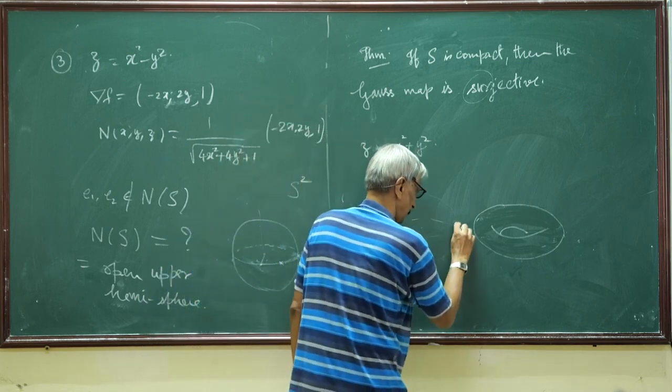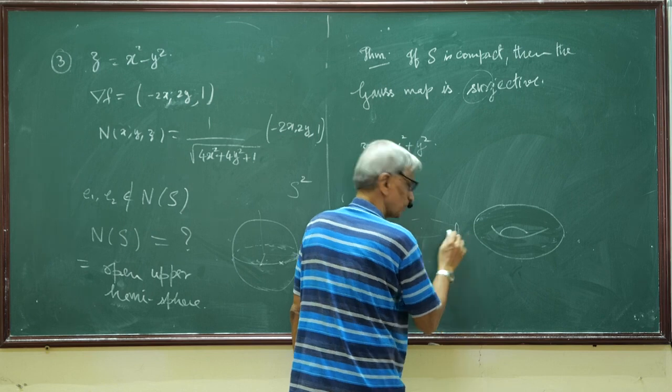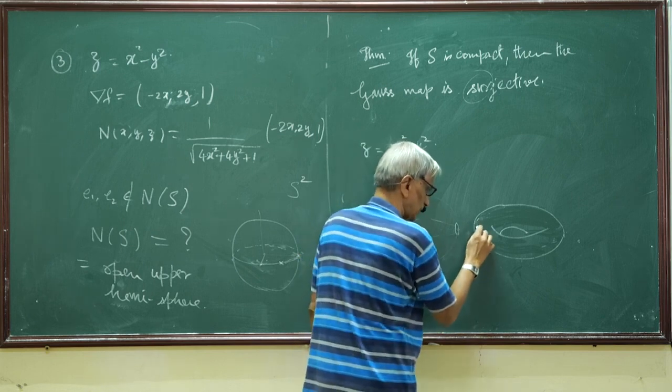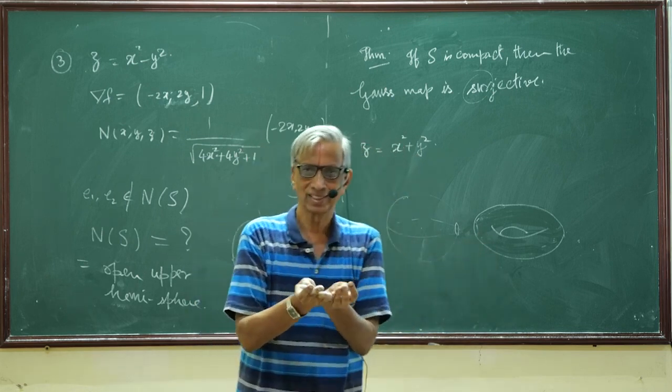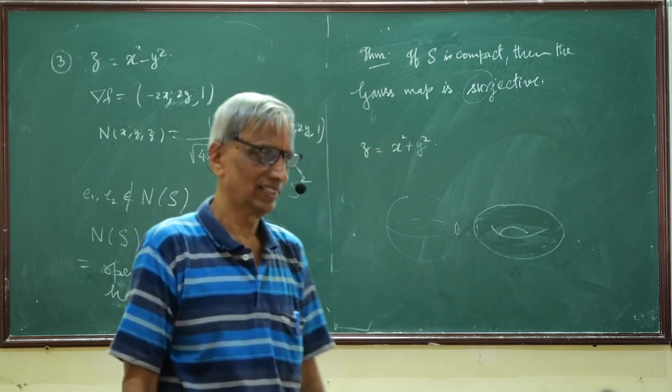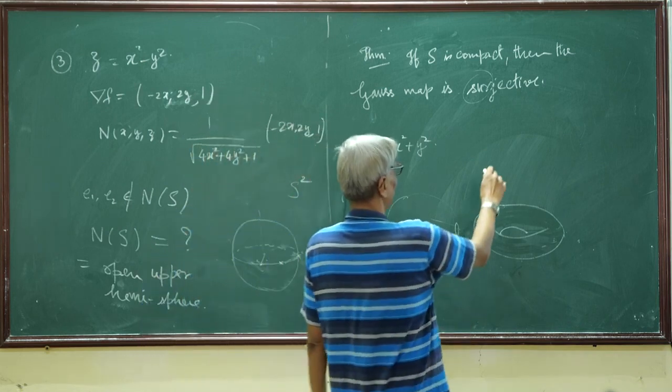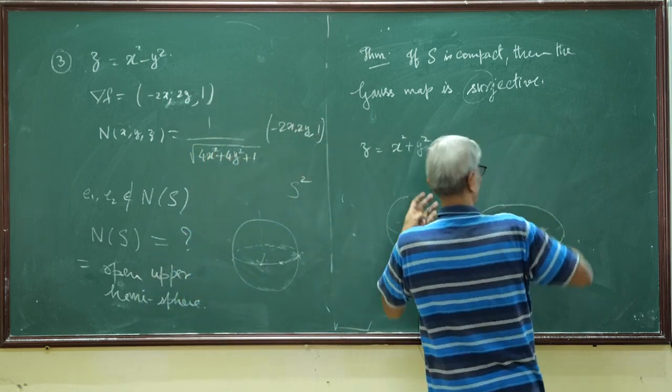So remove a small circular portion from here, remove a small circular portion from here, and glue them together. So you will get something like this. I'll draw the picture this way.